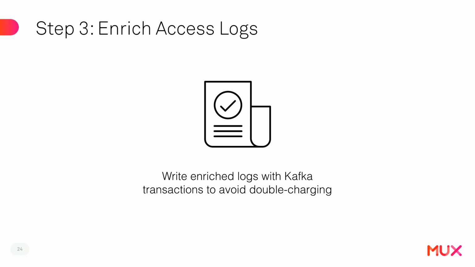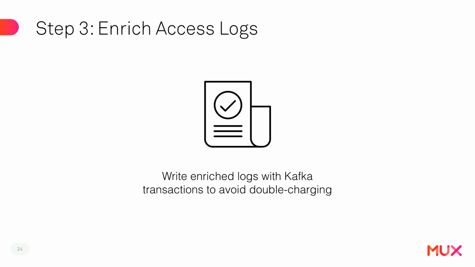Transaction support in Flink and Kafka is also an important feature that we take advantage of. So the Flink log enrichment app will periodically checkpoint its state to HDFS. We do that every 5 minutes.